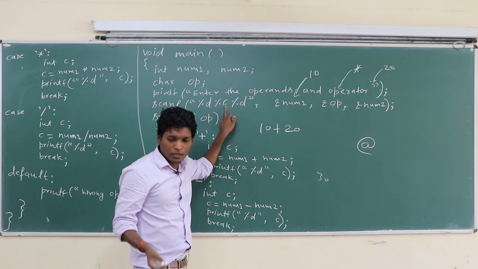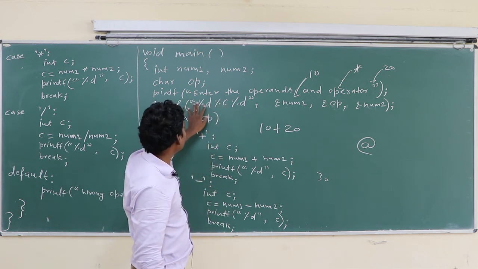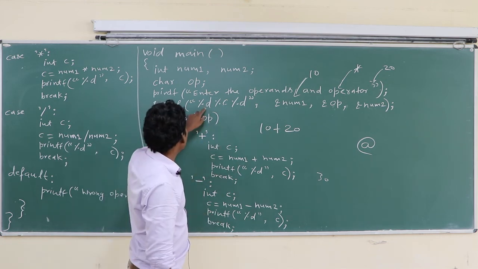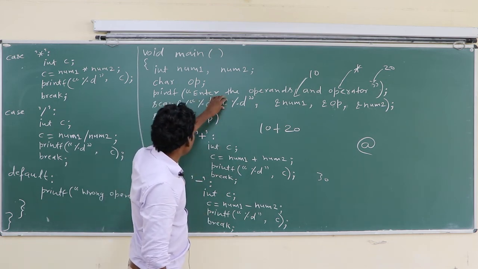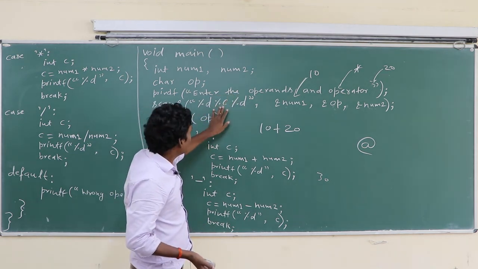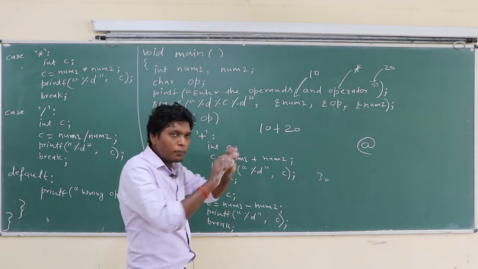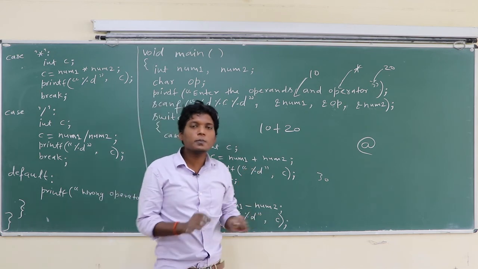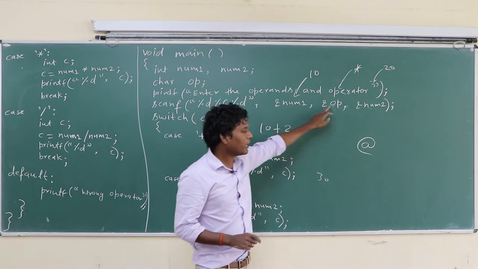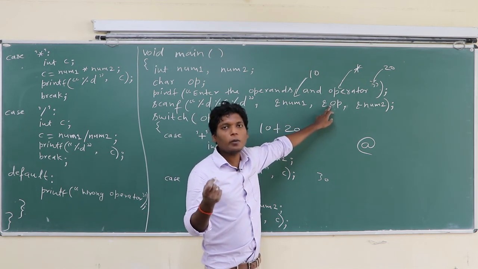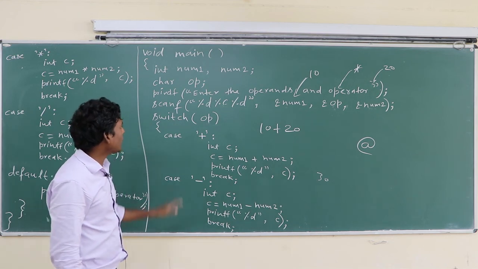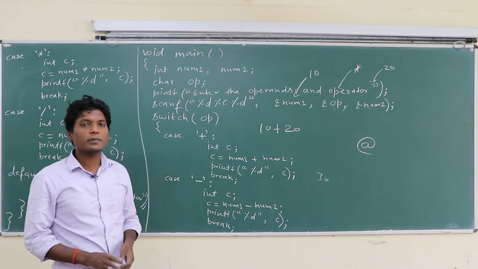When you input the numbers, do not give a space to separate them. Just give any number, any operator, and any second number, because otherwise the space character will be inputted rather than the operator. So this is a simple calculator using the switch statement.